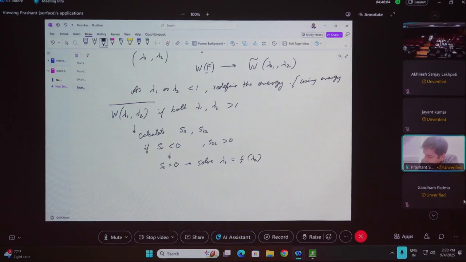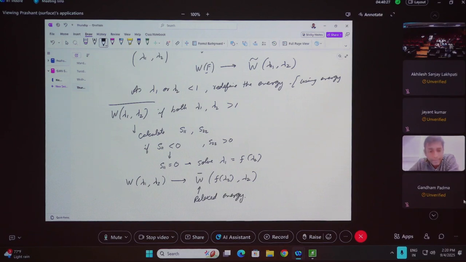And then put it back. And then say, okay, my energy transforms from W of lambda 1, lambda 2 to W bar of F of lambda 2, comma lambda 2. This is called a relaxed energy, and this relaxed energy is basically the main essence behind the tension field theory.